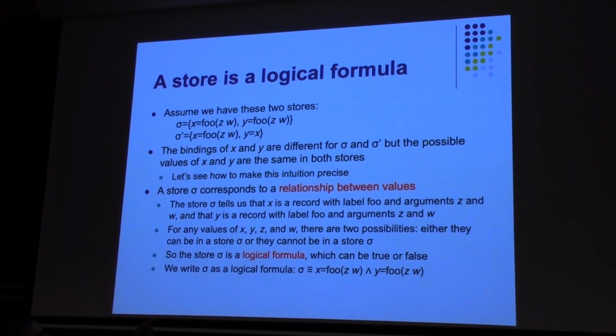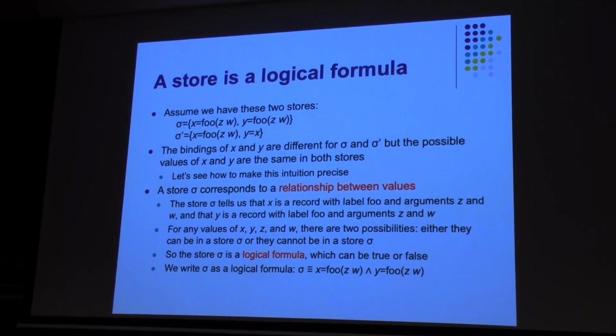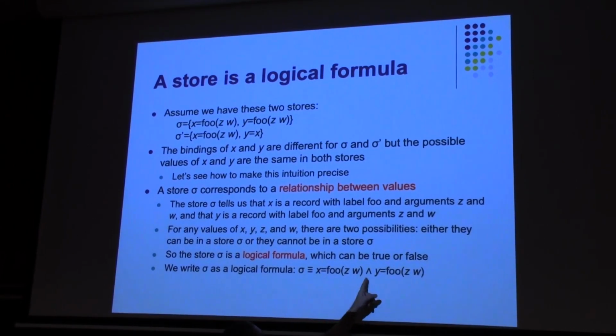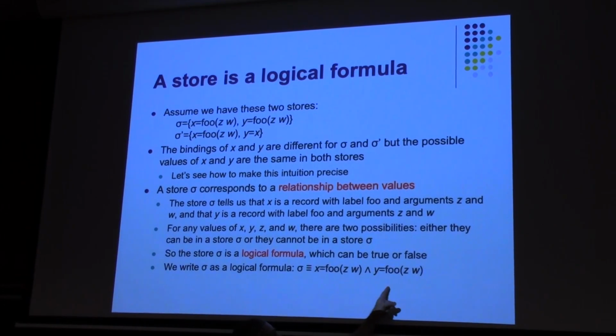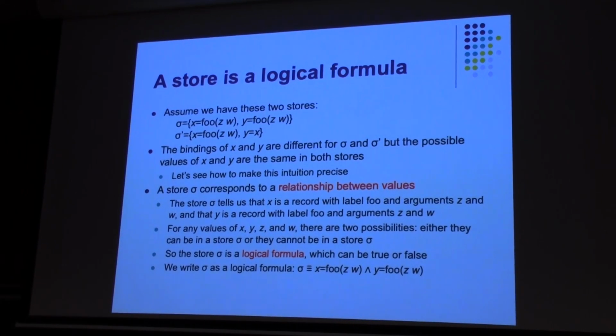Which means that it's a logical formula. A logical formula is an expression that can be true or false. So we write it in a slightly different way. Instead of writing it like a set, let me write it like this, where I have these two equalities, and I put this symbol here, which means and. So I write it like a logical expression, inspired from logic.